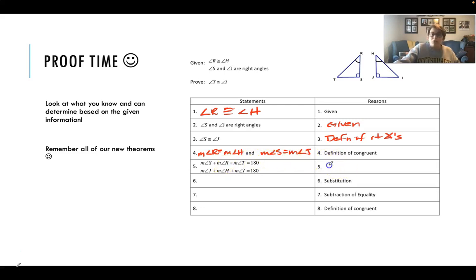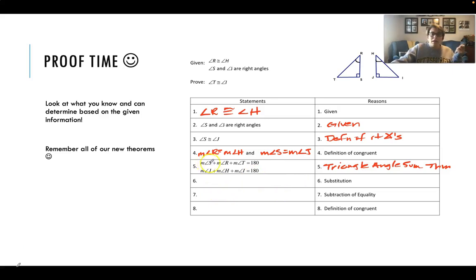Also, using the triangle angle sum theorem, we know that the angles of S, R, and T add up to be 180, and also J, H, and I add up to be 180.